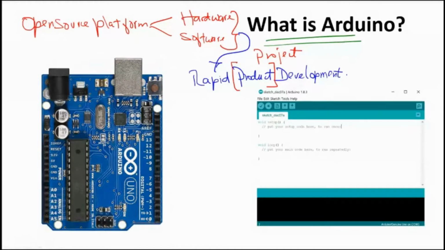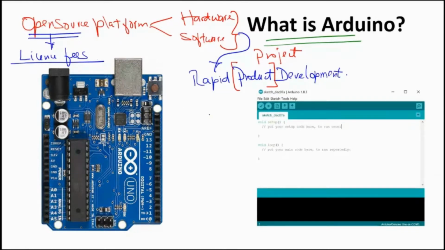You have to understand very clearly the meaning of this open source. The word open source means something which is available free of cost without any license fees. What is this license fees? I'll tell you.